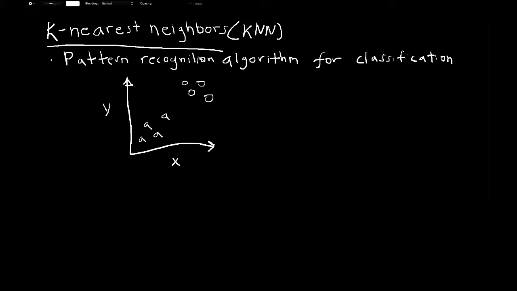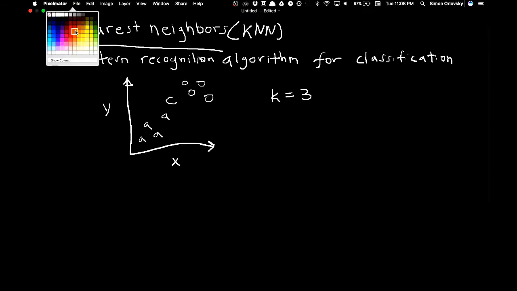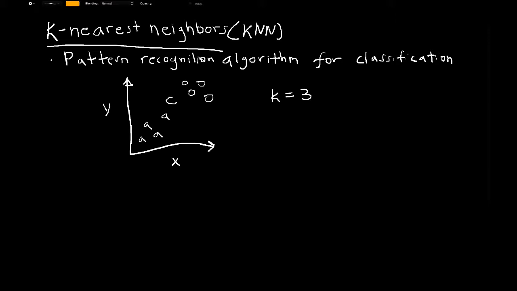If we got a new point, let's call it C over here, and we had K equal to 3, where K is actually the number of neighbors that we're trying to find, we'd probably say that these three are the closest neighbors.